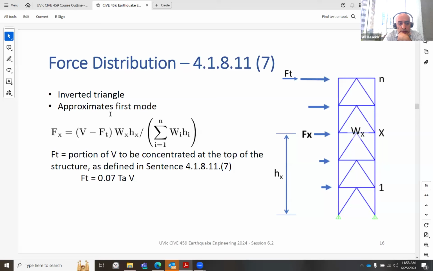So the distribution is based on, say, weight, like we want to know what is Fx. And for a moment, forget about Ft. You have your V, your base shear, and you want to distribute it, and you want to know what is at this floor, which is floor number X, appears to be floor number 3.